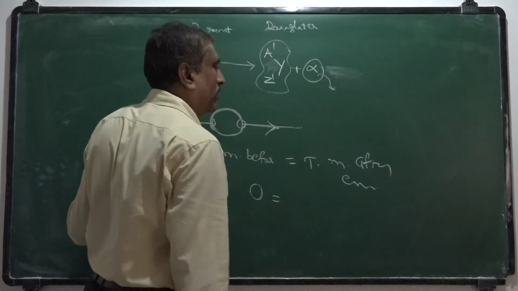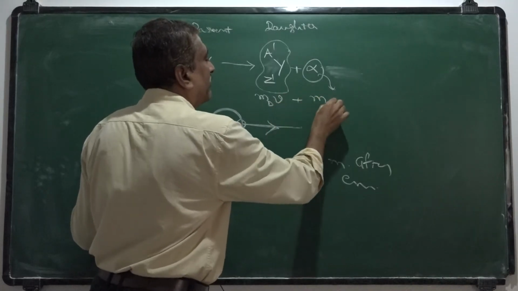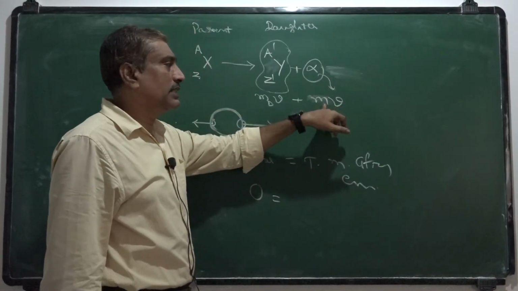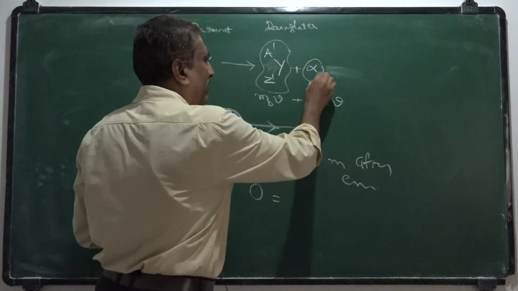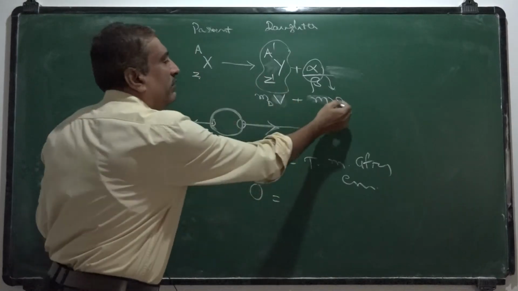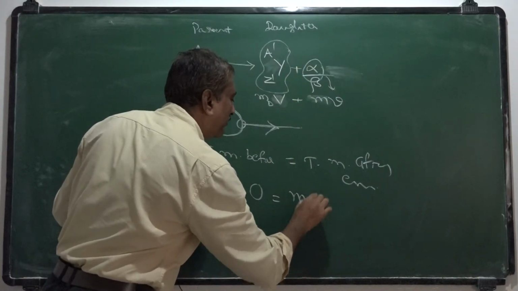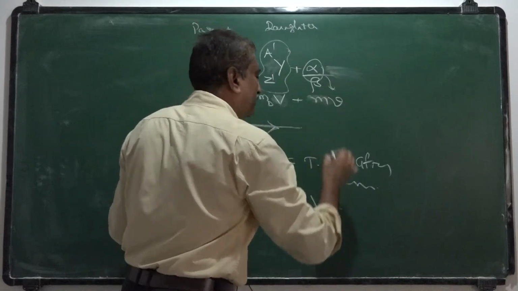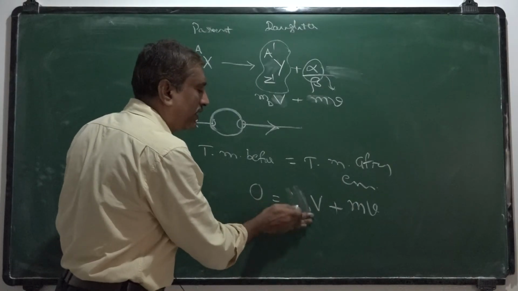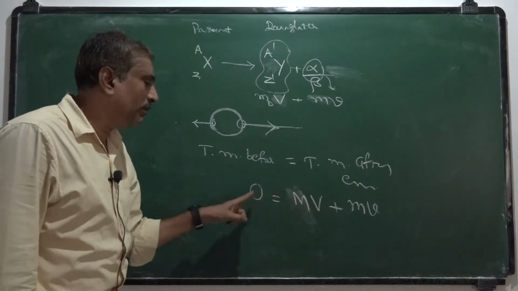After emission, the momentum of the daughter nucleus is M times V, where capital V is the recoil velocity, plus the momentum of the emitted particle, which is small m times small v, where small m is the mass of the alpha or beta particle, whatever it is, and small v is its velocity. Total momentum after emission equals total momentum before emission.